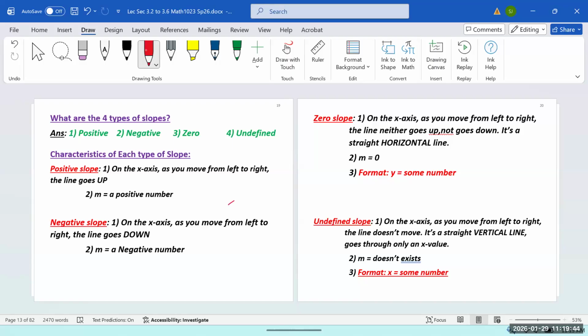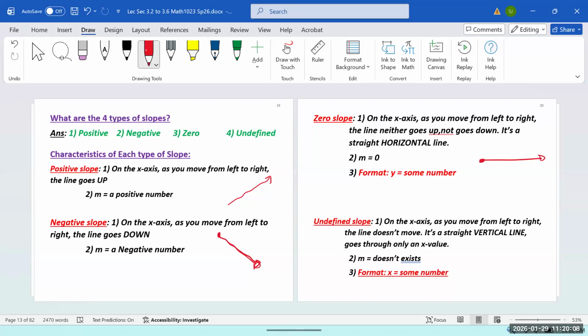So positive slope means you're moving upward. Negative slope means you're moving downward. When you start your journey from the left side and you go to the right side, climbing down, it's negative. Horizontal line: you start from your left side and go to the right side on a straight path. So your slope is zero.